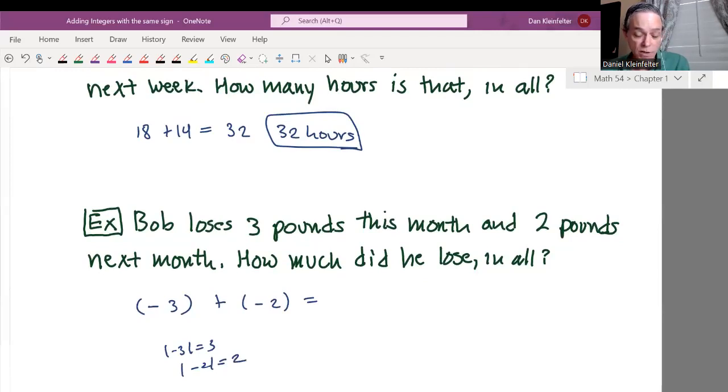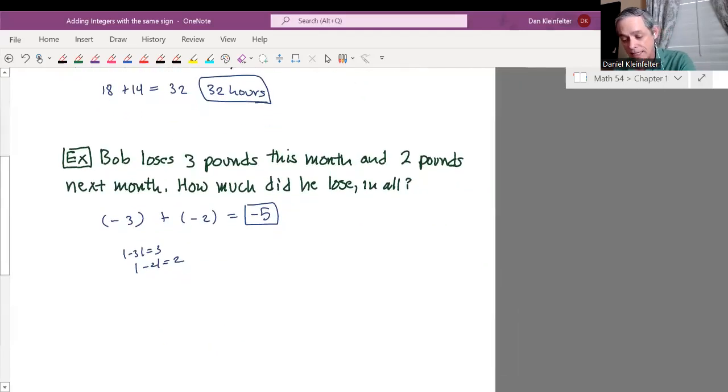We'll add 3 and 2 together to give 5. And then we're adding together 2 numbers that are negative, and so we should get a negative sum. Thinking this through with everyday life experience, if somebody lost 3 pounds and lost another 2 pounds, that would be a total loss of 5 pounds. So here we're representing losses in weight by negative values, and that makes sense.